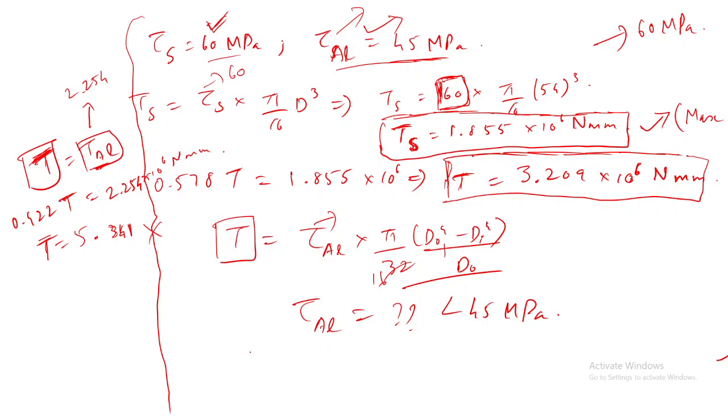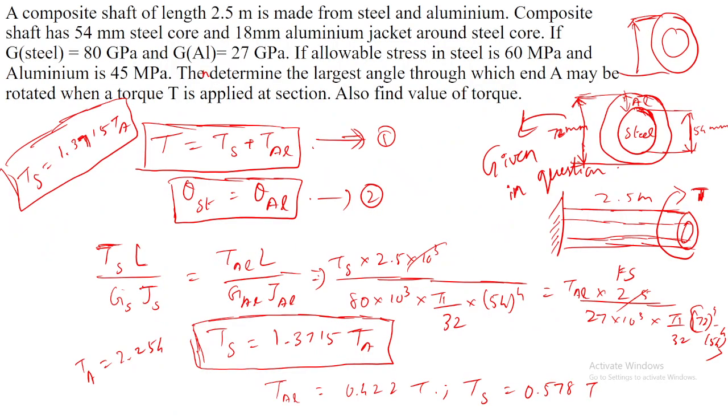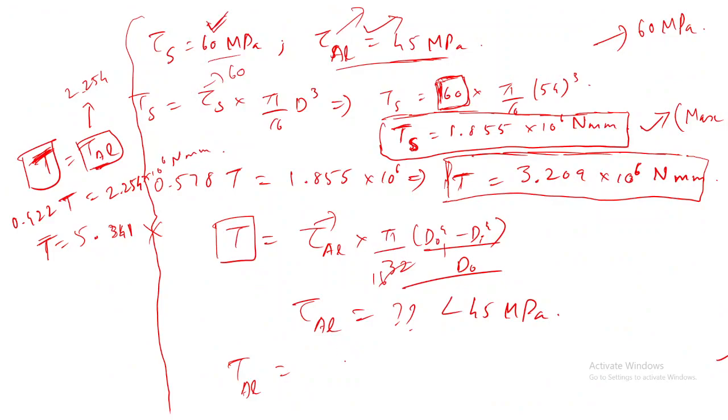Separately, I have to find the torque sustained by the aluminum section, which is 0.422 into 3.209 into 10 to the power of 6, which equals 1.354 into 10 to the power of 6 Newton mm.